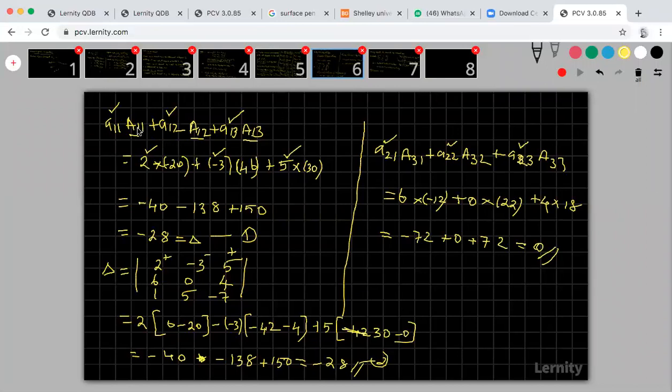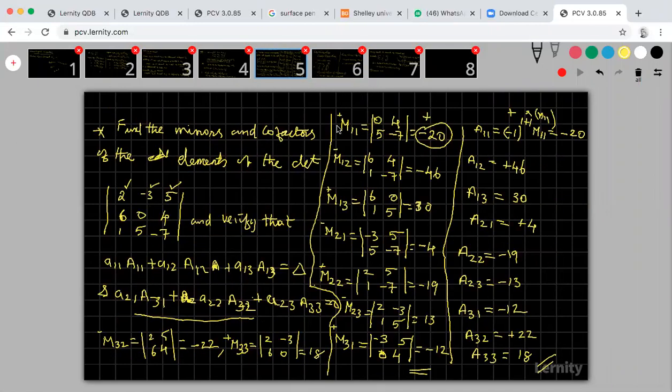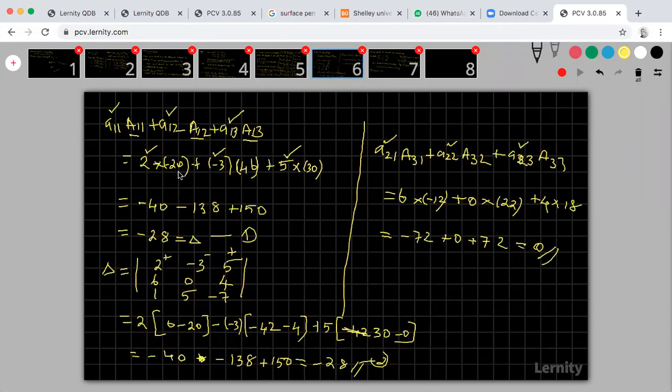Now come to A11, A12, A13, that means the cofactors. What are the cofactors? A11, look at that, here it is minus 20, here it is 46, here it is 30. I'm just applying the values of the element and its cofactor and going to multiply.